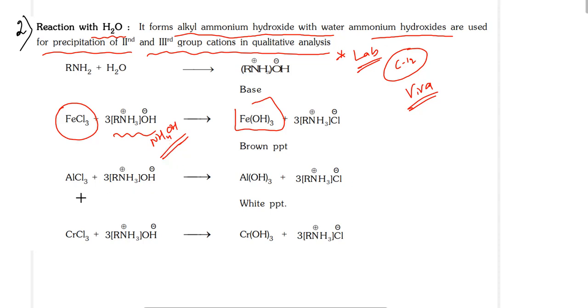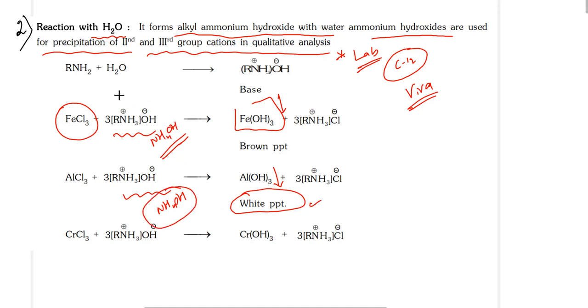For aluminum chloride, there we take ammonium hydroxide. If you take alkyl ammonium hydroxide, the same white precipitate is given, aluminum hydroxide is formed. If you take ammonium hydroxide, it is the same property.